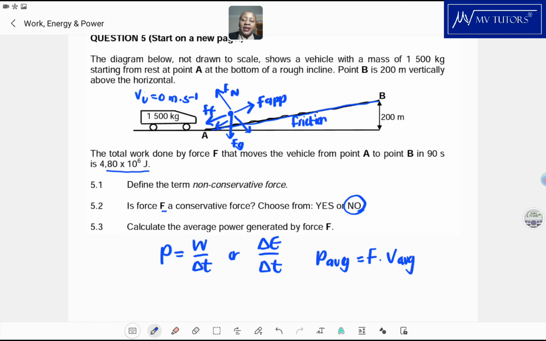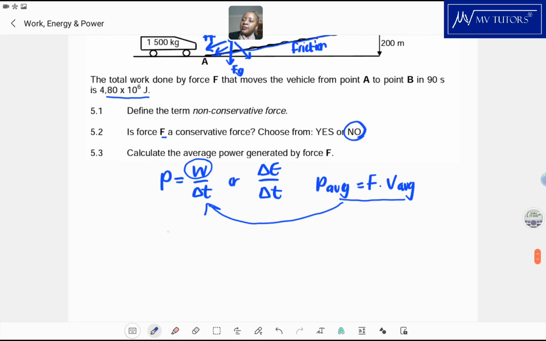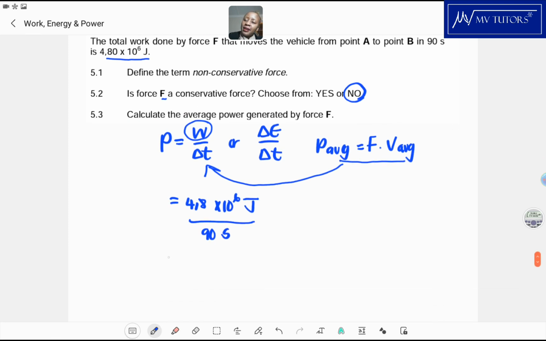So I wouldn't take the average velocity equation because it is derived from the other one, but we have work, so we can just go ahead and use that equation. The work done is 4,8 times 10 to the power 6 joules, and time is 90 seconds. Yes, the SI unit for time is seconds, so you don't need to convert it to anything, and at the end you're going to get an answer in watts.